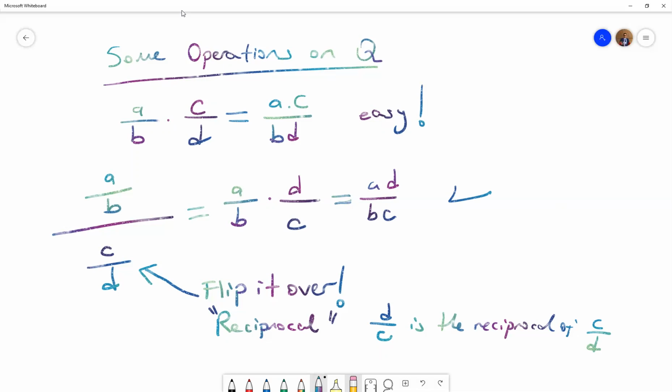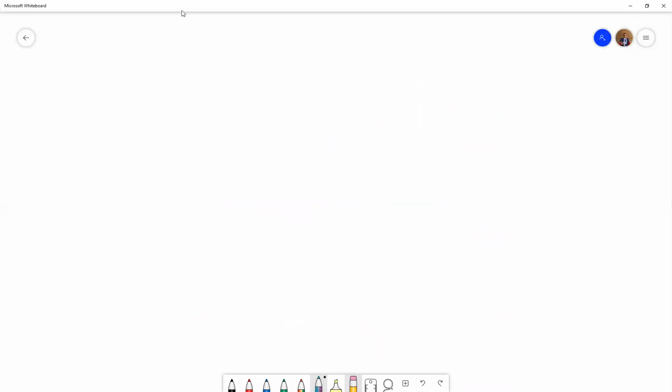So let's look at addition and subtraction. a over b plus or minus c over d is equal to, it's easy to find this part. We find the common denominator by writing d here and b here.